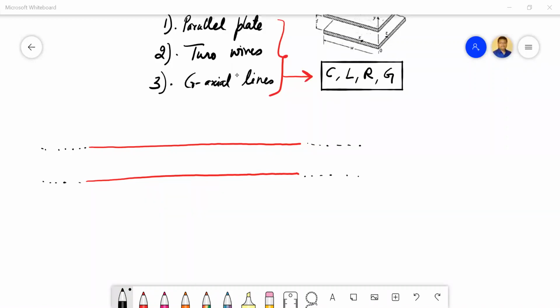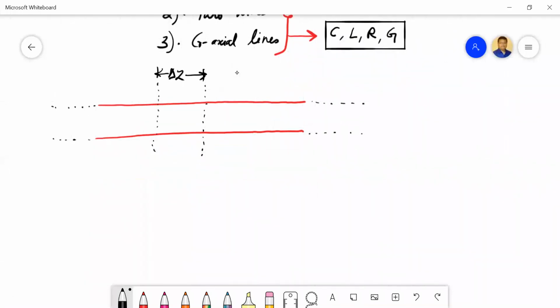So what we will do, we'll take out a small segment of this transmission line as delta Z. If this is the Z direction, let us take a differential length called delta Z. Now, in the previous class we have seen that the two conductor system or parallel plate system we can express in a lumped system.